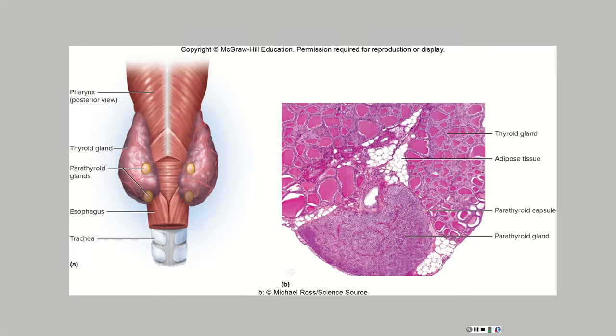But by increasing vitamin D levels, activating it at the kidneys, calcium then is absorbed from our food at the small intestines, and our blood calcium levels rise even further. So parathyroid hormone really raises your blood calcium. Doesn't do so much for blood phosphate because it has the opposite effect. It gets rid of blood phosphate, or it lowers blood phosphate.